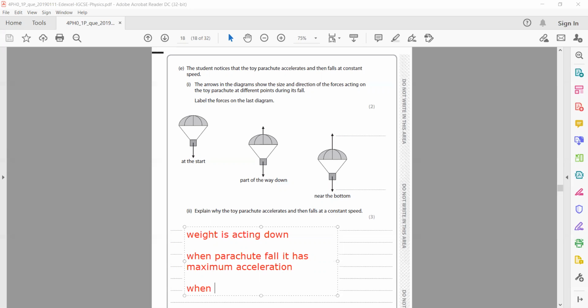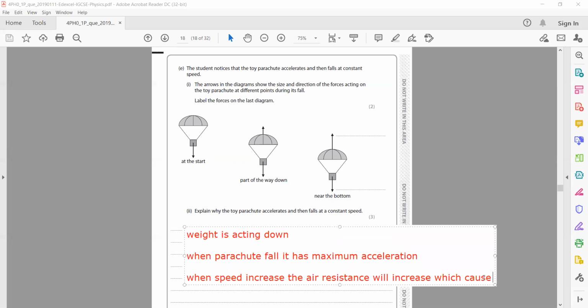When speed increases, the air resistance will increase, which causes the resultant force to decrease.